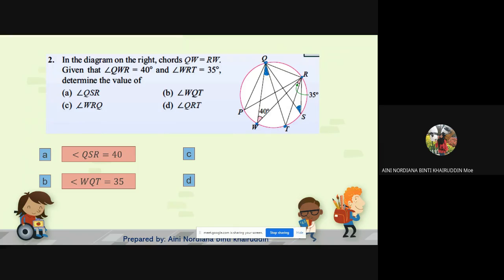Next, C, angle WRQ. So angle here. So how to calculate this angle? Angle here equals 70.